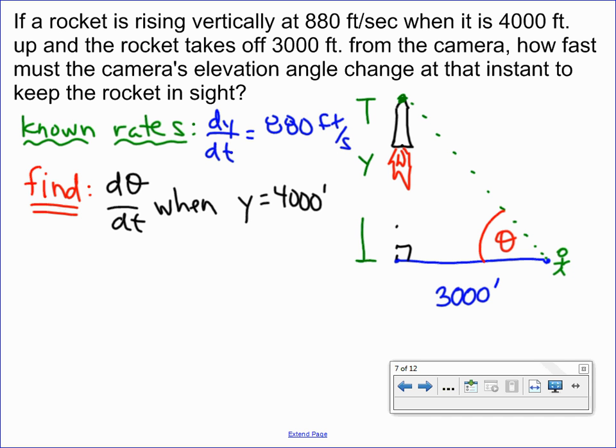To get a formula. Good. We've got to write a formula that relates our variables and our known rates in the question. So what formula relates y and theta? And I hope we have one. Is this going to be an a squared plus b squared problem? No. Theta equals the tangent inverse of y over 3,000. Nice. It looks like theta is the angle whose value of tangent, opposite over adjacent, is y over 3,000.